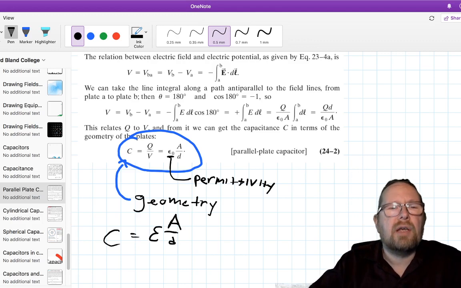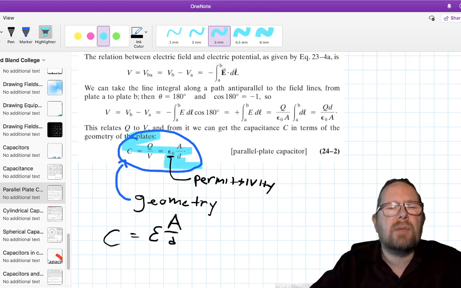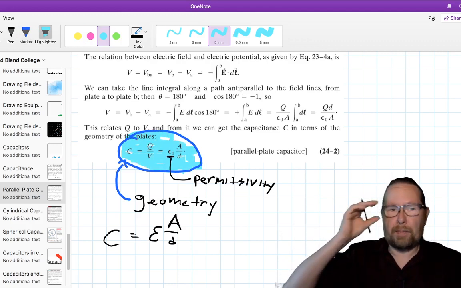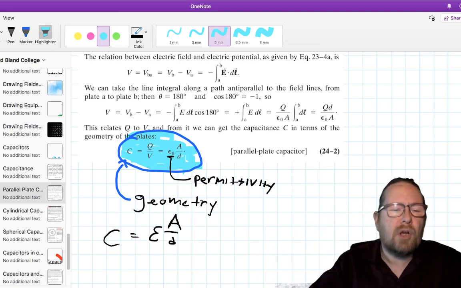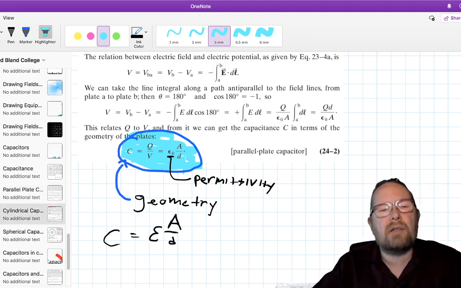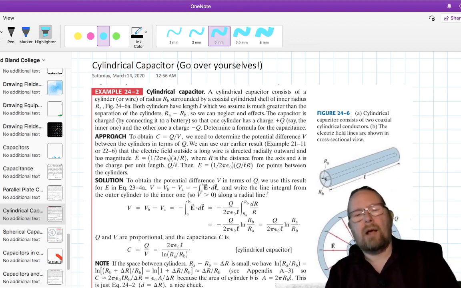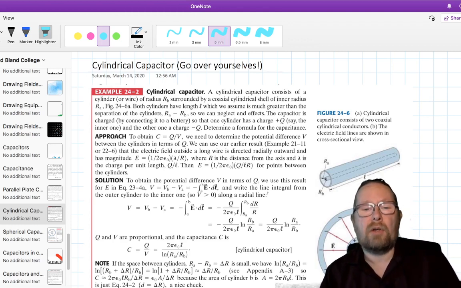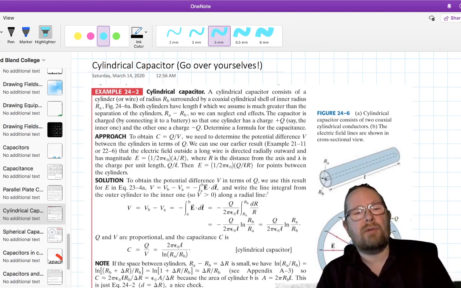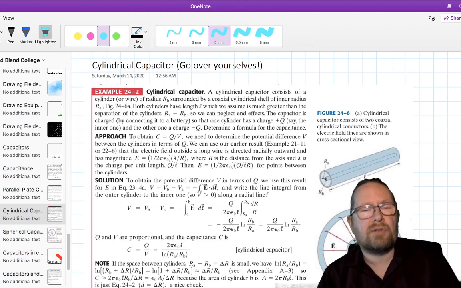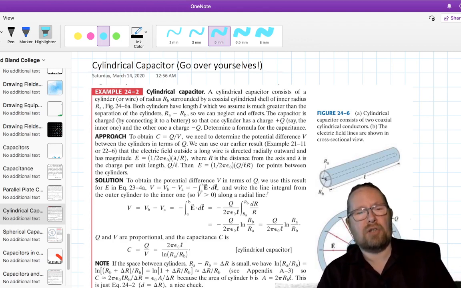But for us, it's important to highlight the fact that the capacitance of a system is just determined by the geometry of the system. And because there are other capacitors other than parallel plates, we can talk about calculating the capacitance of other types of shapes. I'm not going to go over this right now. You can go over these two examples yourself. They build on the electric field examples and the potential examples we did for these exact same shapes.